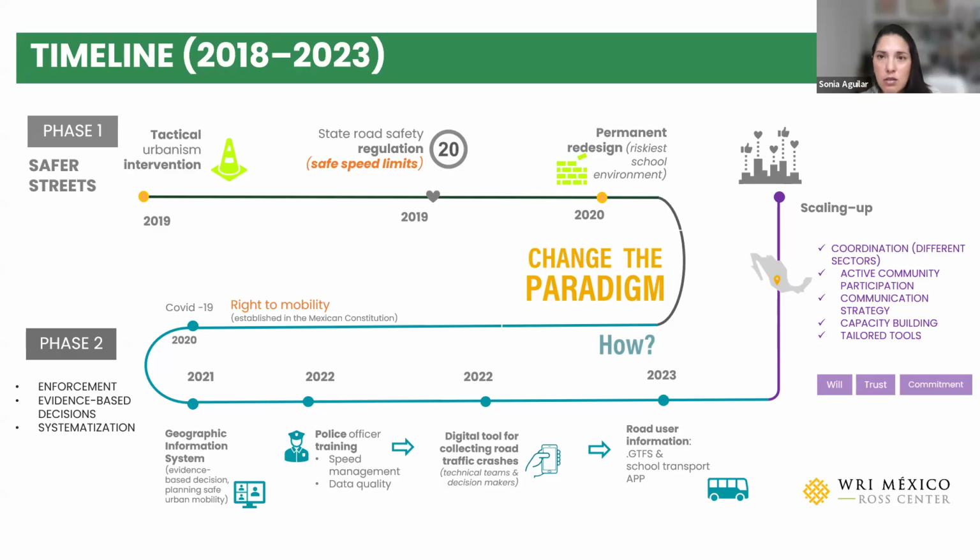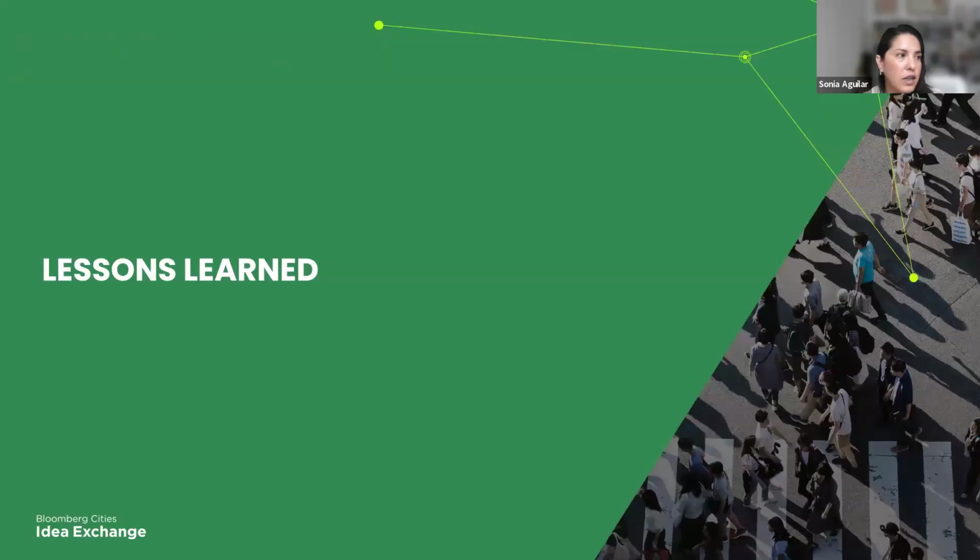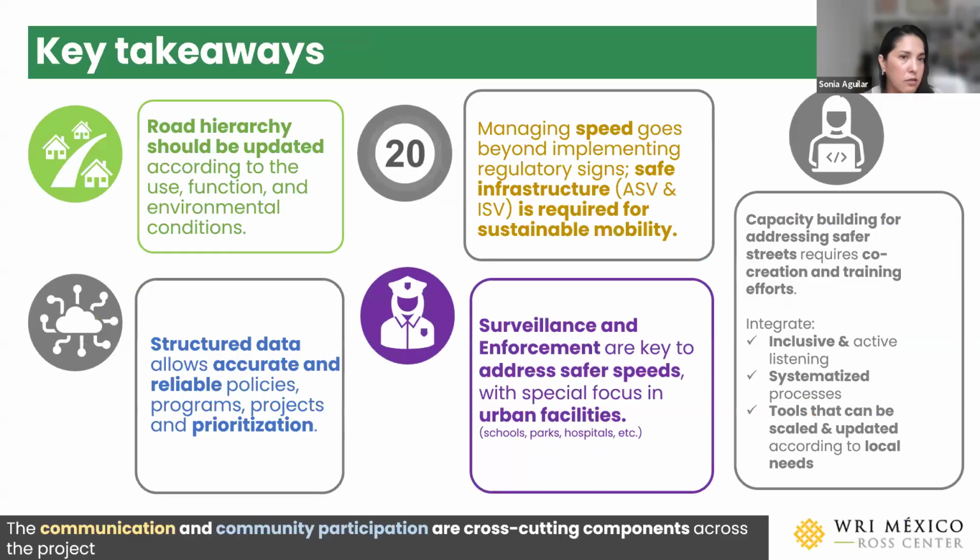And finally, and just to close, some takeaways. Next, please. So as you saw, our entire project has focused on promoting safer speeds, by emphasizing reduction of speeds on our roads. And this slide highlights the major points.